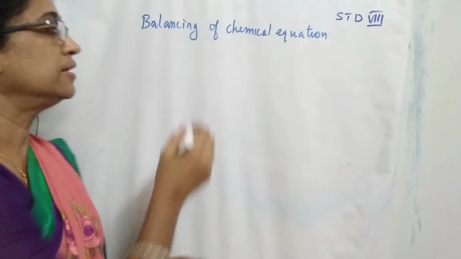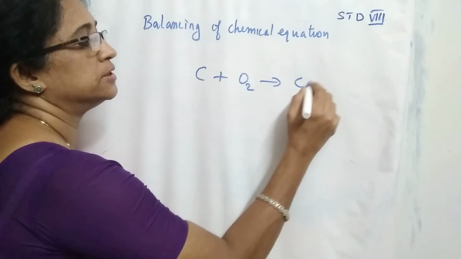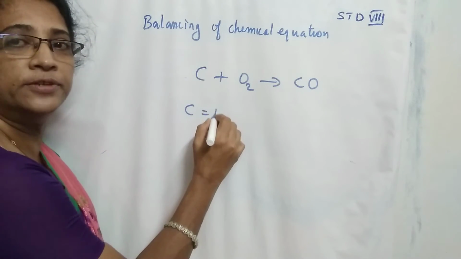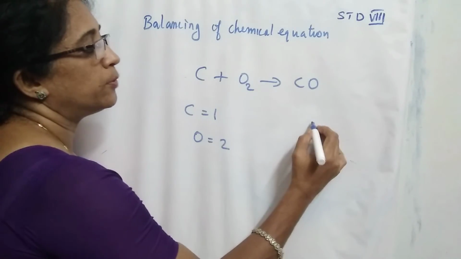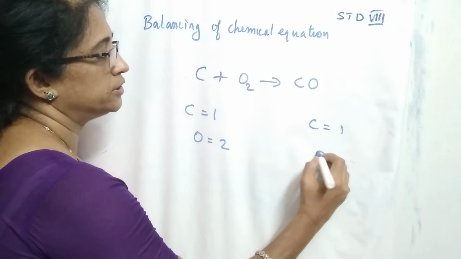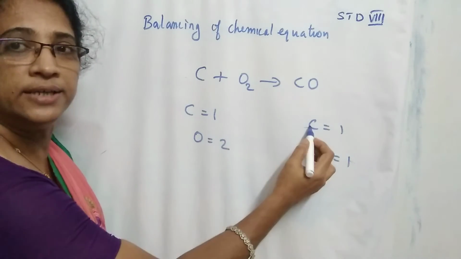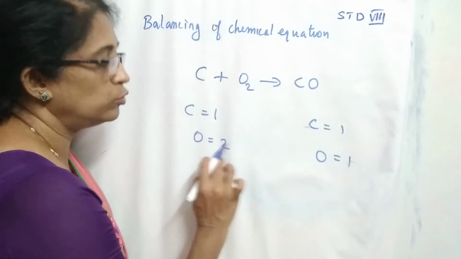Next equation. C plus O2 gives CO. Write the number of atoms: carbon on the left side 1, oxygen on the left side, the reactant side, 2. In the product side, carbon 1 and oxygen is equal to 1. So here carbon atoms are balanced on both sides, but oxygen is different, 2 and 1.